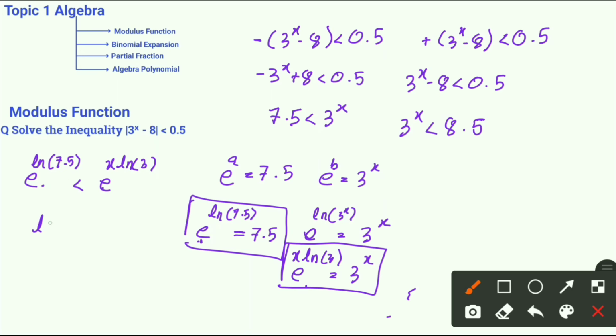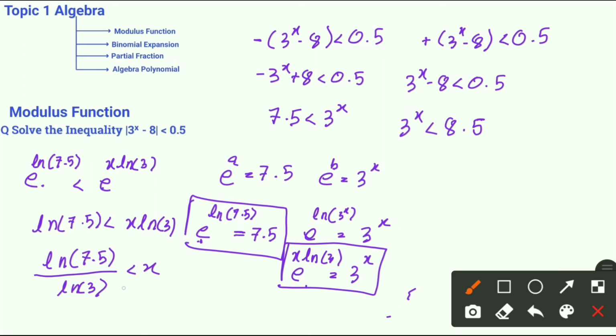So x ln 3 less than ln 7.5, and x is less than ln 7.5 upon ln 3. Let me use a calculator: ln 7.5 divided by ln 3 gives 1.83. So x is less than 1.83. This is the answer for one of the values of x.